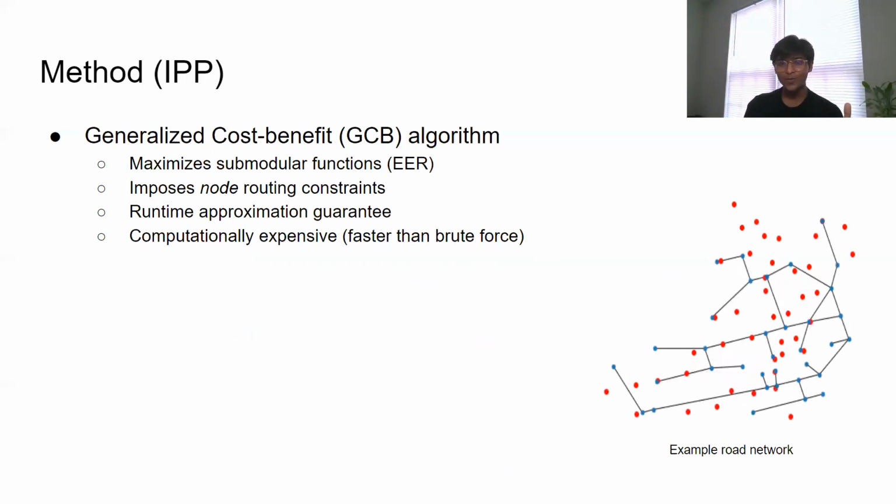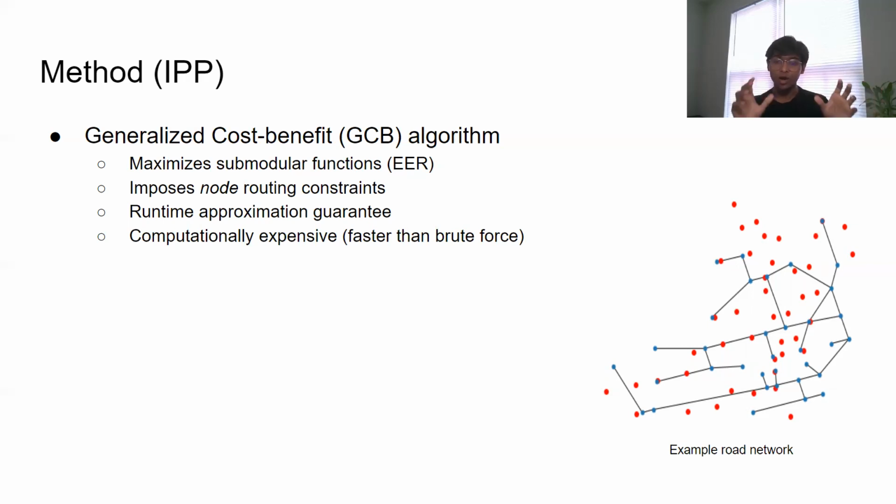So why does knowing that EER is submodular help us solve the IPP problem? Well, the generalized cost-benefit algorithm is designed to maximize submodular functions while imposing node routing constraints. We can use the algorithm to construct informative paths by selecting data collection regions that maximize the EER.